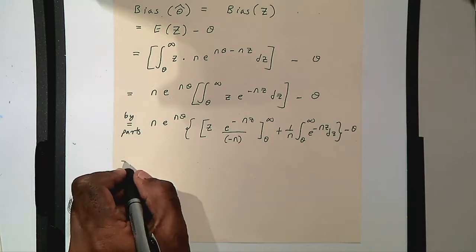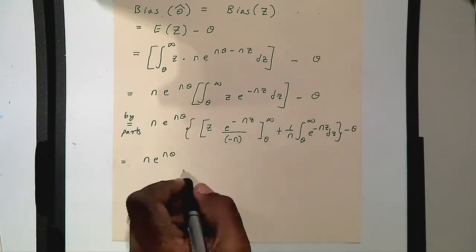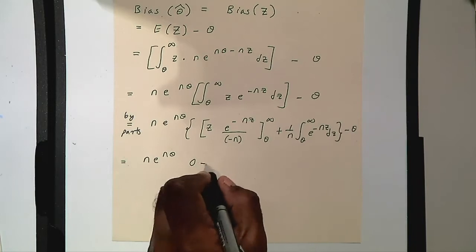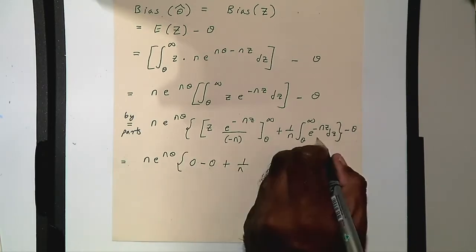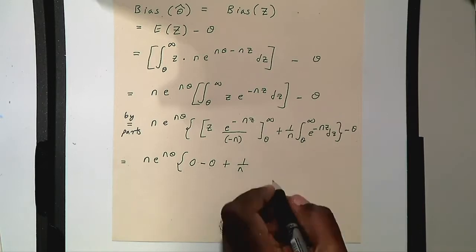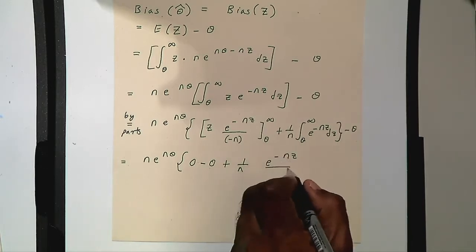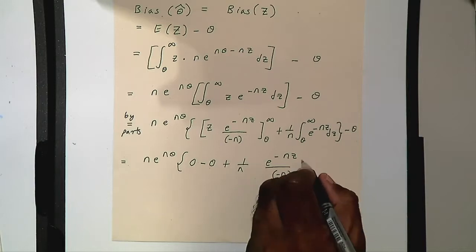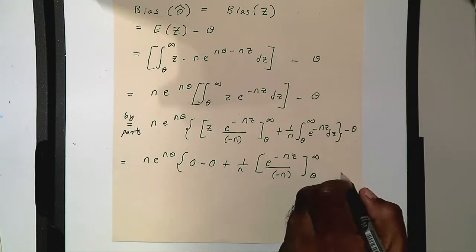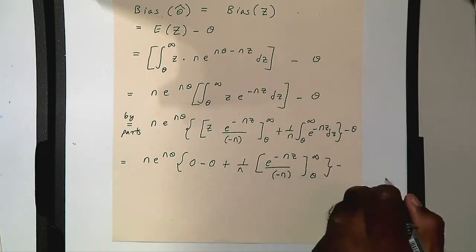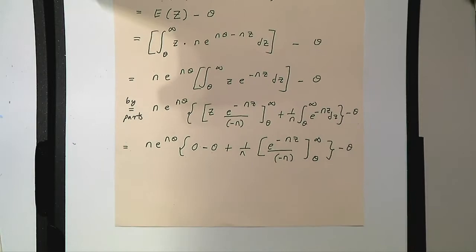And the limit at infinity is 0. The limit at 0 is 0. And the integration of this is not difficult. Like this, okay?